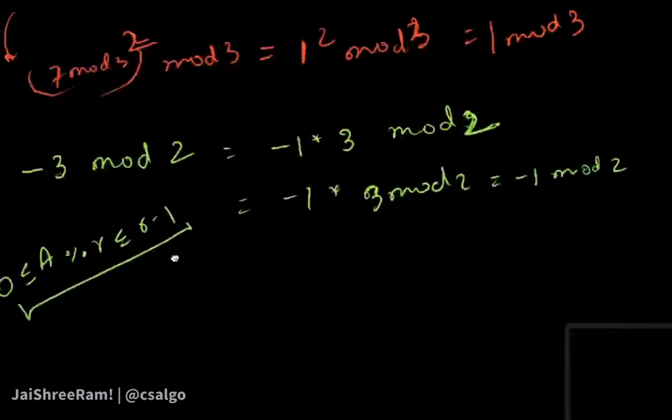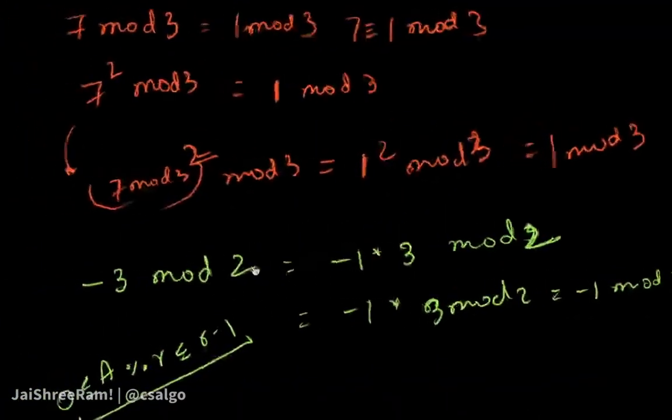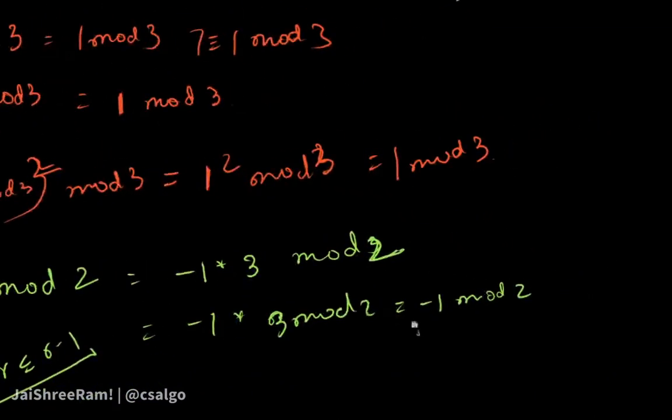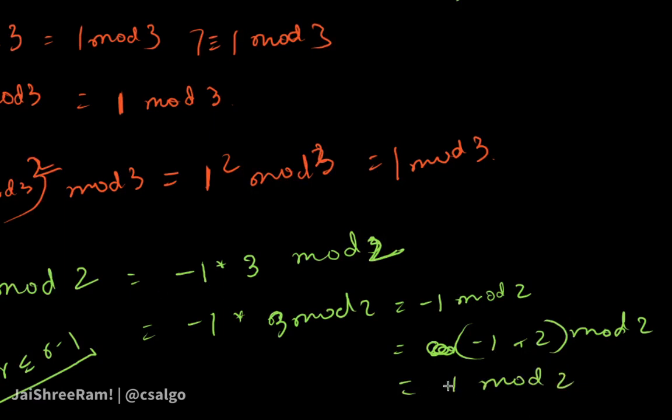So what we do is add 2 to this, because adding 2 doesn't change anything; 2 is already divisible by 2. So this is minus 1 plus 2 mod 2. We can always add and subtract the modulus from this number because that's not going to change the remainder. And this becomes 1 mod 2. So minus 3 is actually 1 mod 2.